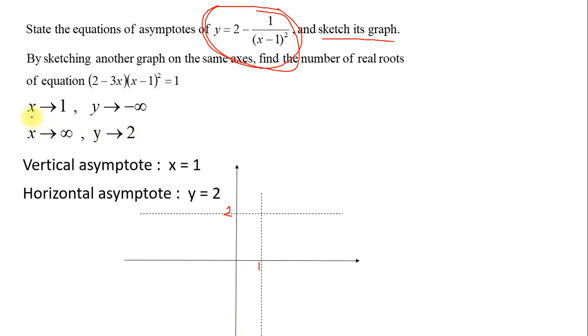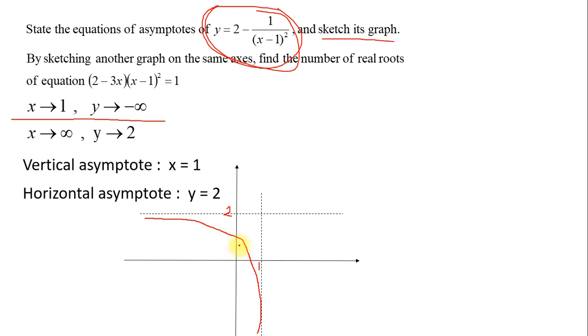Now you will see that when x approaching 1, y will approach negative infinity. Means your graph will come from over here, and then it will go over here, right?